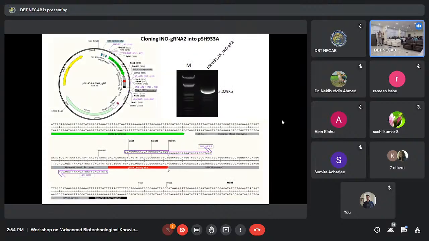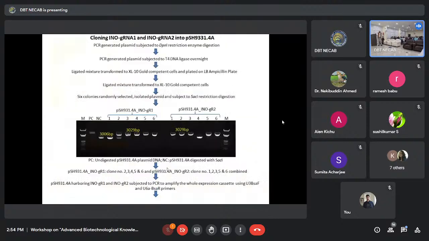For 924, we have done the same way. So the flow chart is like this. We first amplified the PCR product using the 2 primers, guide RNA and the reverse primer.